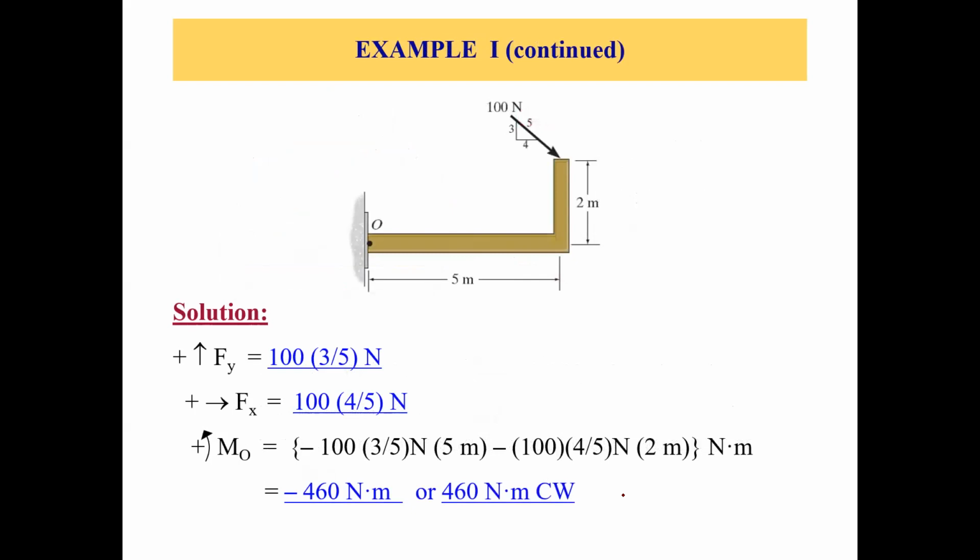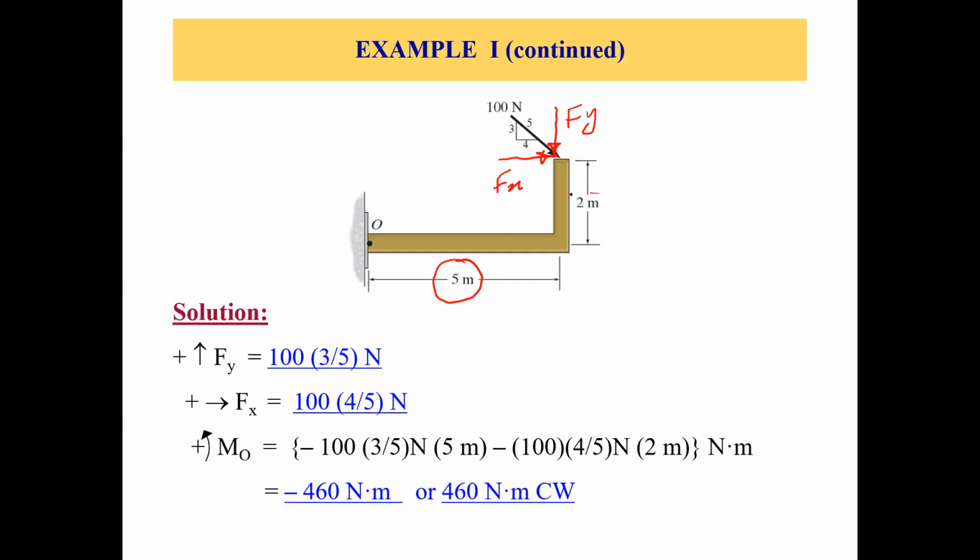Okay, so if we resolve this force into two components, this will be Fy, and this will be Fx. Now, just find out the moments from there for Fy and Fx. If you look here, this 5 meters is the moment arm for Fy.